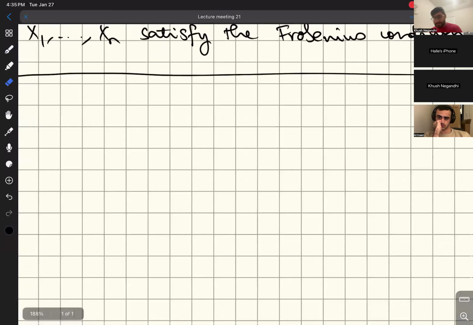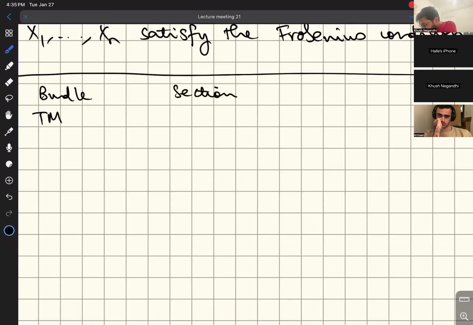So far we've looked at TM, and we saw its sections were vector fields. We looked at T star M, and the sections of these were differential one forms.